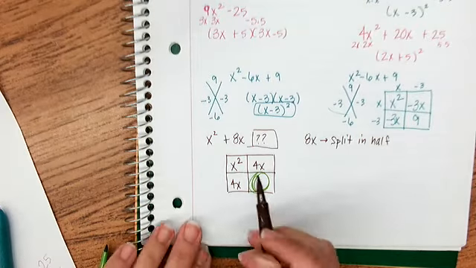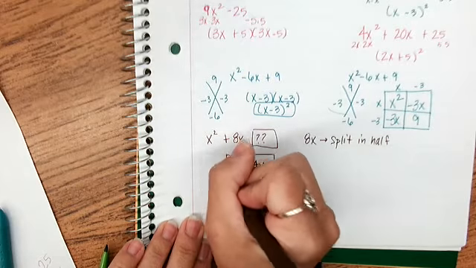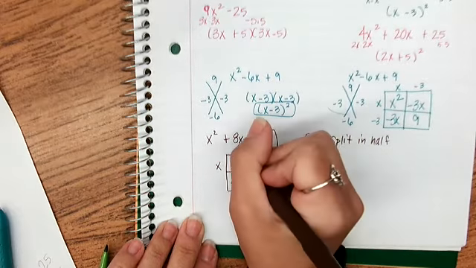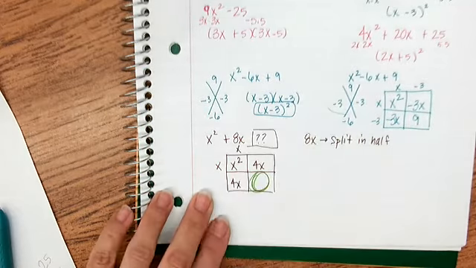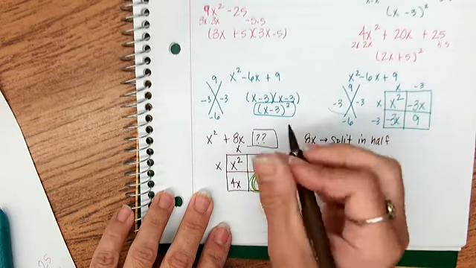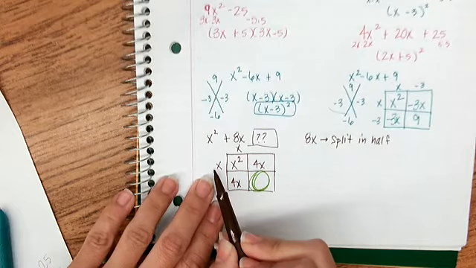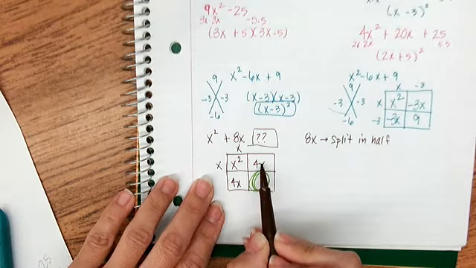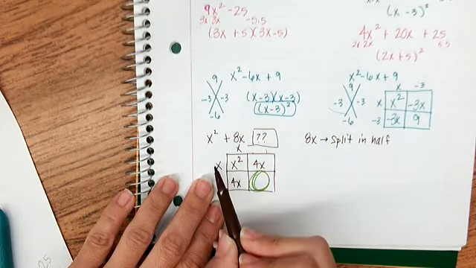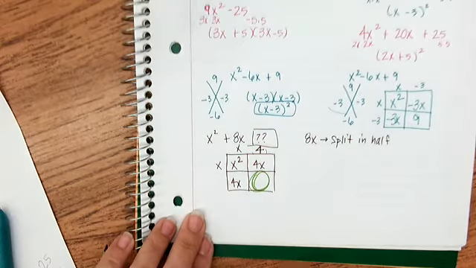Well, if you take out the GCF between x squared and 4x, you get x and x. Some number times x is 4x, and that's 4.